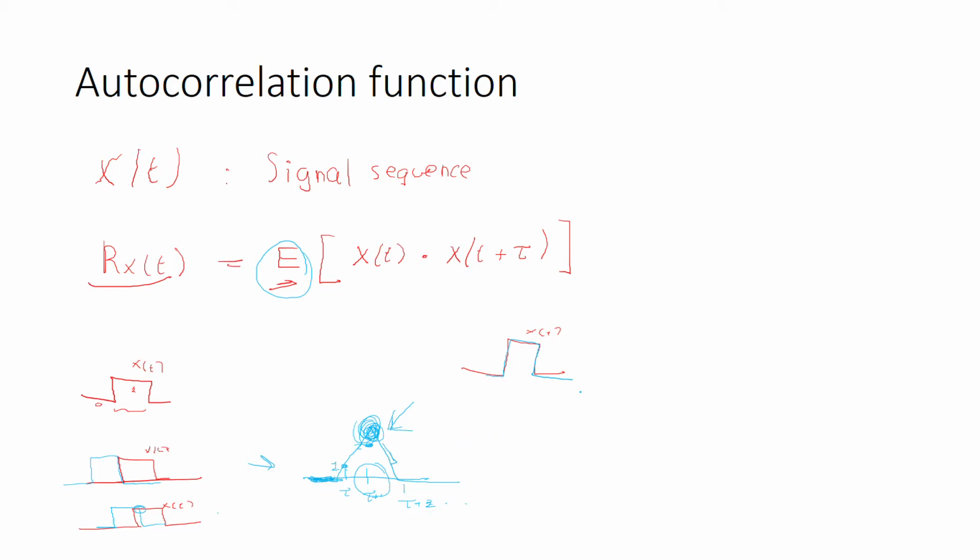So in EEG signals this is very important because the autocorrelation function will be very helpful to determine the power spectral density. The power spectral density is just the Fourier transform of the autocorrelation function.